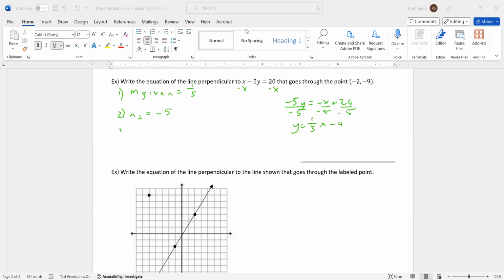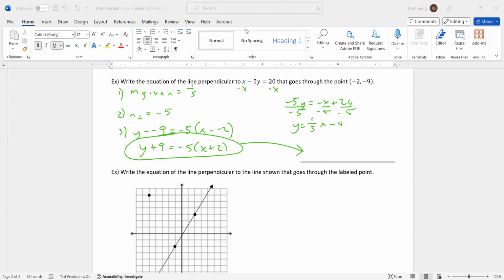And now third step, y minus the y coordinate, which is negative 9, equals negative 5 times x minus the x coordinate, which is negative 2. So y plus 9 equals negative 5 times x plus 2. And this time I actually am just going to leave it like that, just to show you that it is okay to do that.